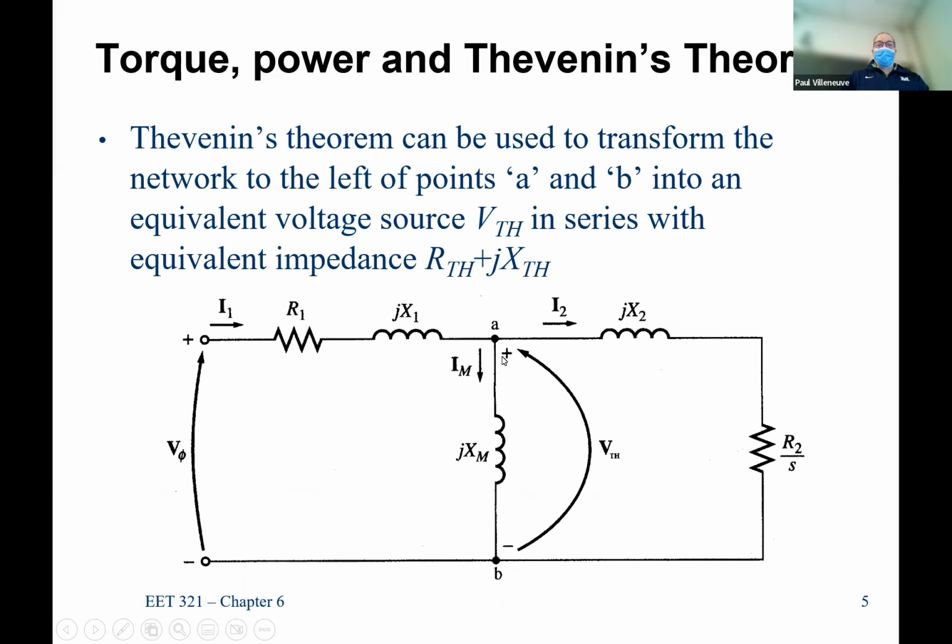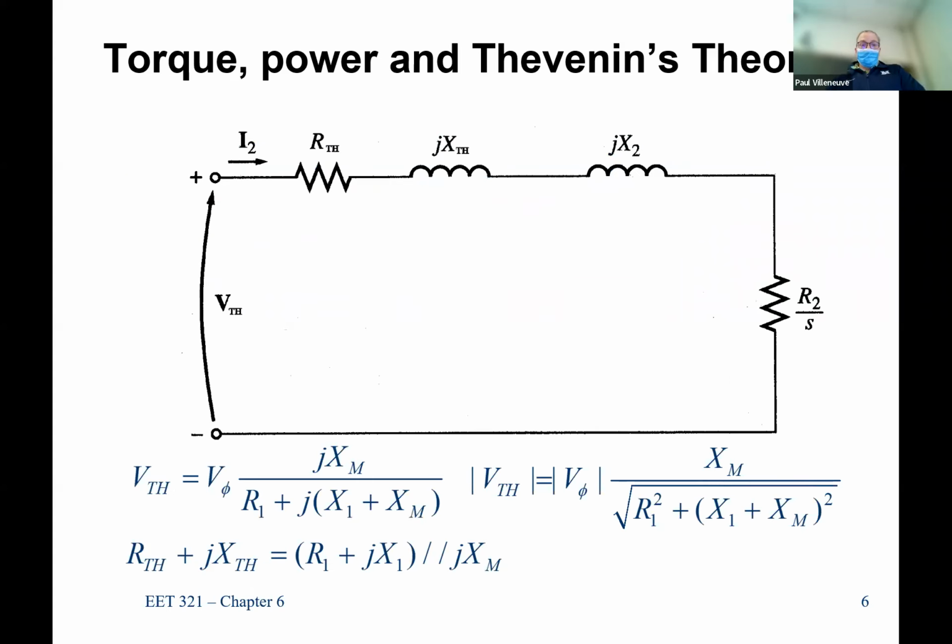So that's still applicable. And the reason why I'm interested here is because the amount of torque that is delivered to the machine is determined based on the current flow through that equivalent resistor, R2 over S. So what I want to do is figure out very quickly and very efficiently how I can calculate that current.